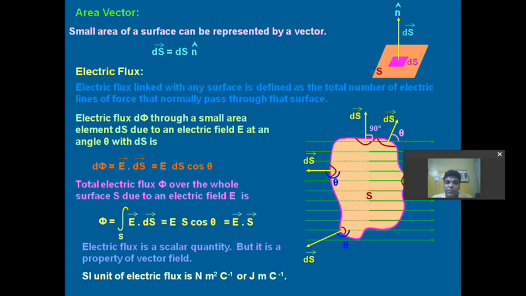Now electrical flux is linked with any area. Electrical flux through a surface is defined as the total number of electrical lines of force that normally pass through the surface.